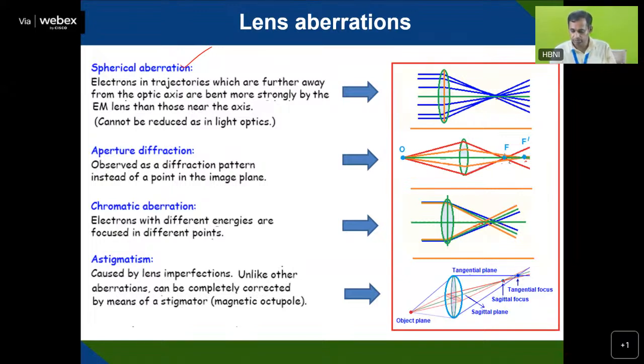Or astigmatism: in the center you have a diffraction point meeting here, and in the tangent plane it is meeting at another place. Because of this, these types of aberration errors will interfere in your TEM analysis. So this has to be rectified before the analysis is performed.